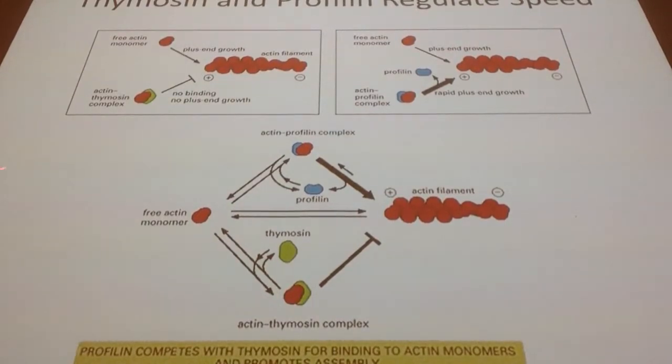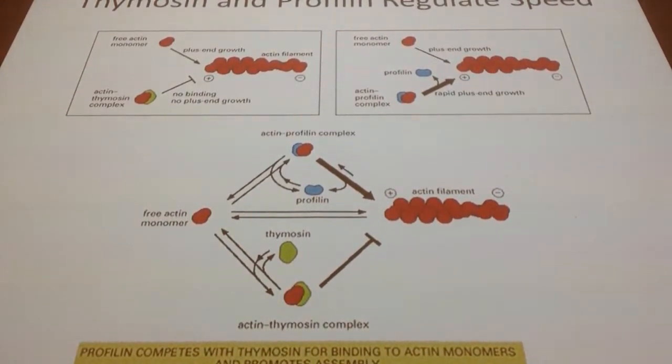If thymosin binds to the ATP-bound G-actin, then that G-actin will not be used for polymerization. So thymosin either slows down or even inhibits polymerization outright.